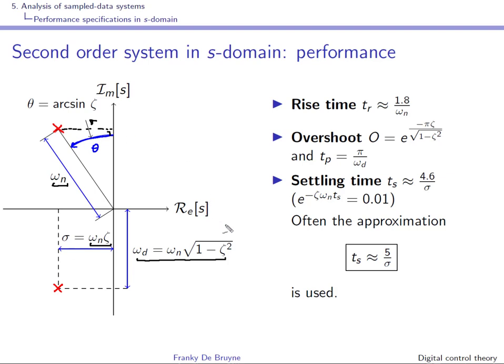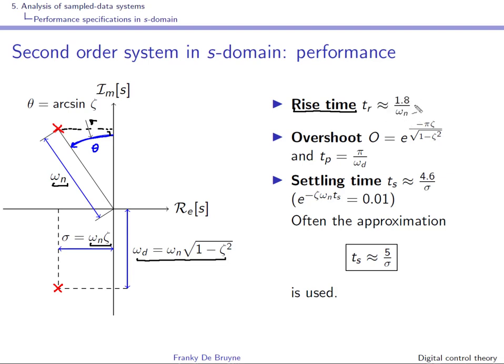You've seen in the course of my colleague that the rise time, overshoot and settling time are related to the quantities omega n and zeta. The rise time is 1.8 over omega n.